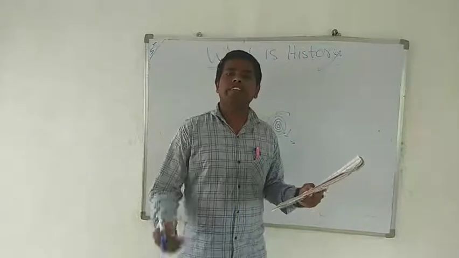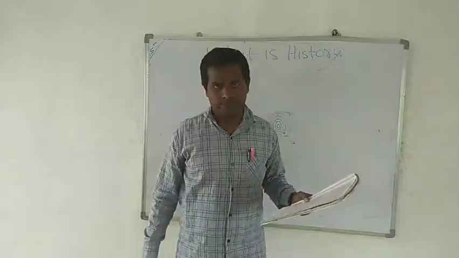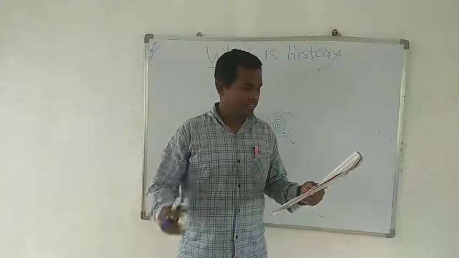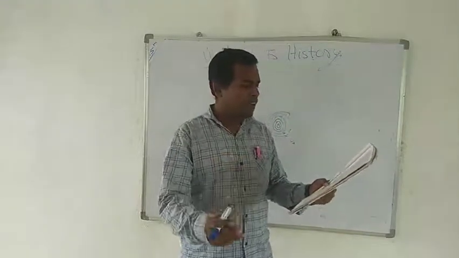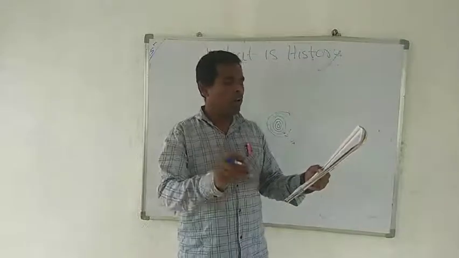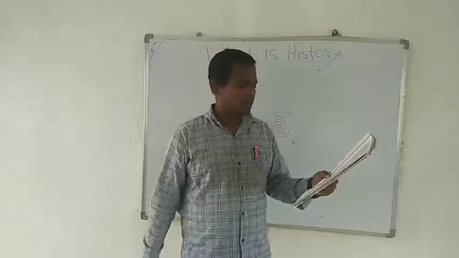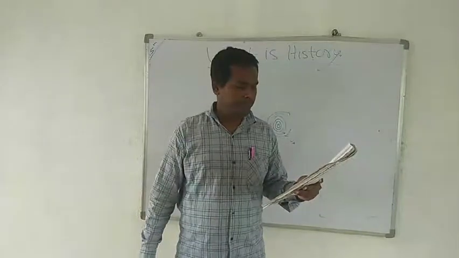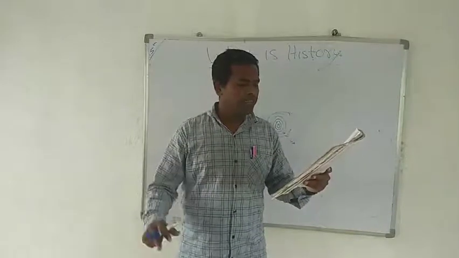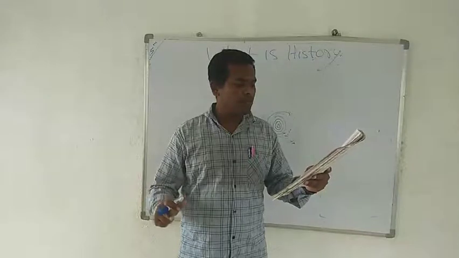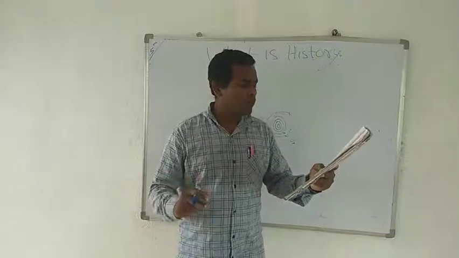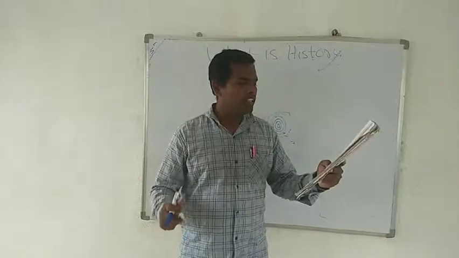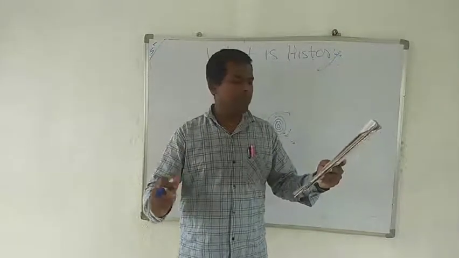That means the result of past things may be either favorable or unfavorable for the progress of society. Thus, these affect our day-to-day life. For example, if the people of a village work together and help one another, the village makes good progress.